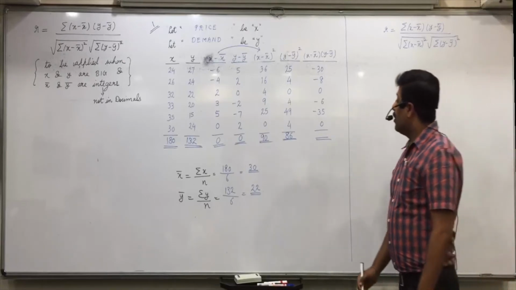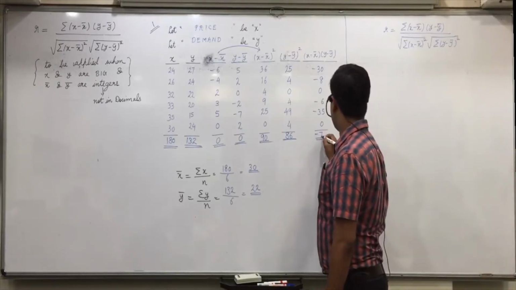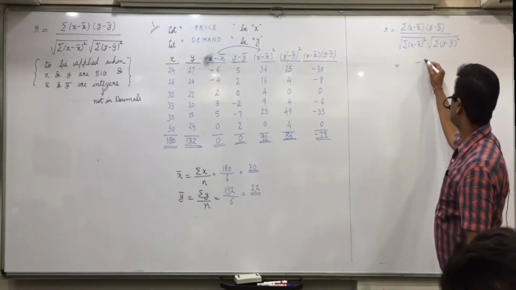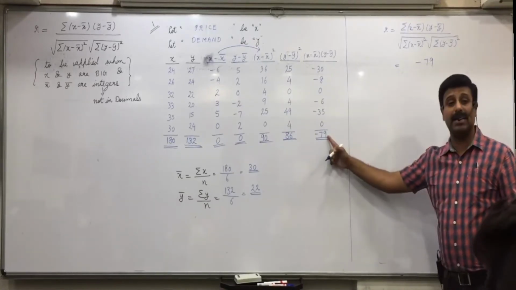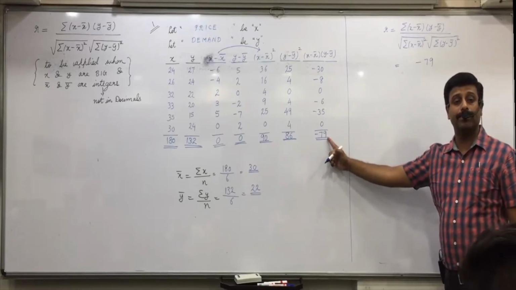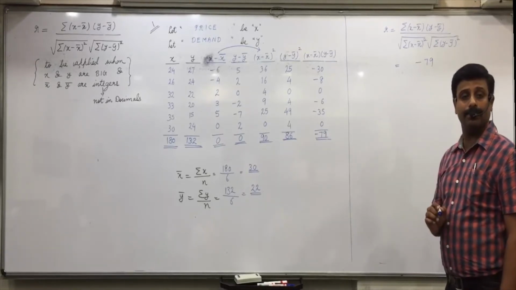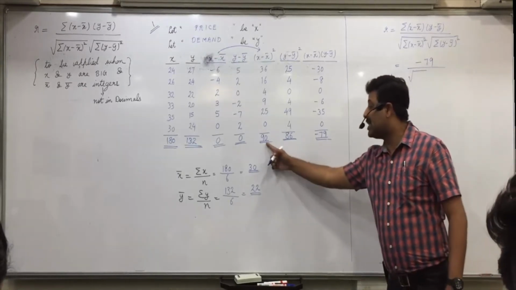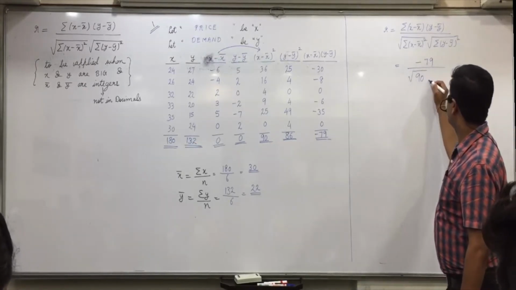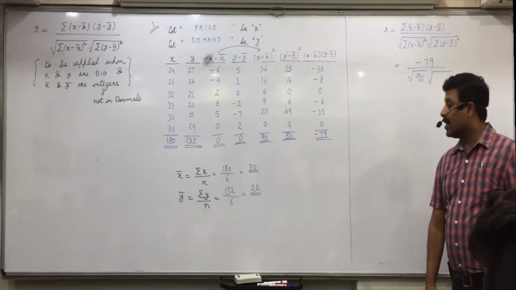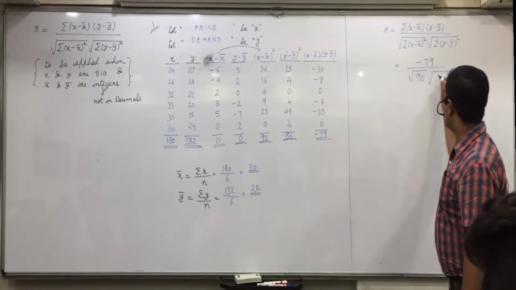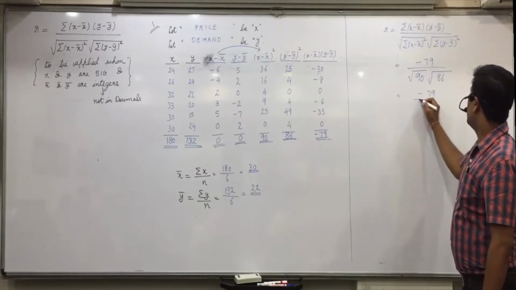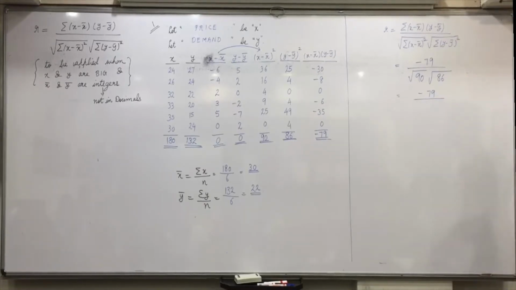Yes. So, minus 79. Sigma x minus x bar into y minus y bar, you can see here is minus 79, upon square root of sigma x minus x bar whole square, which is 90, and upon square root of sigma y minus y bar whole square, which is 86. Any confusion in this?